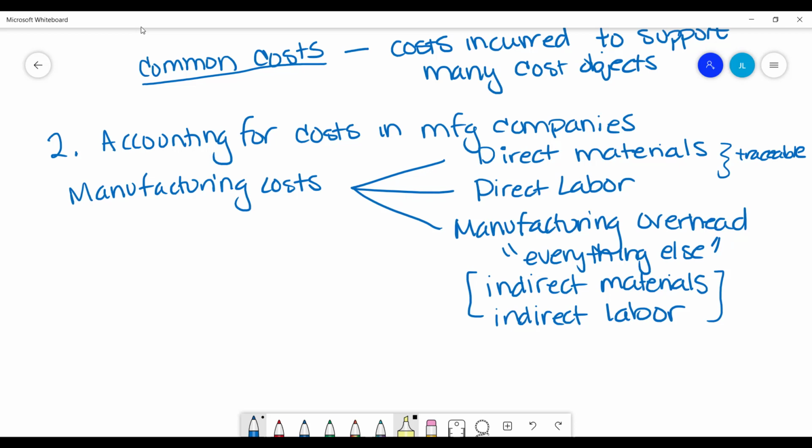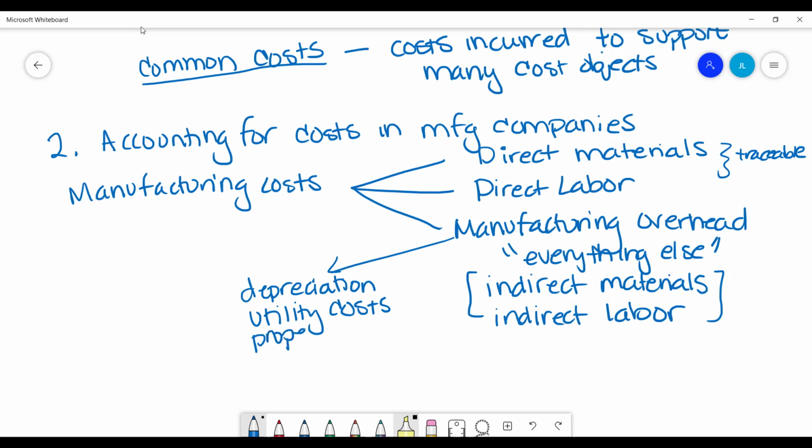Okay, so some other examples of manufacturing overhead would be depreciation on those machines and different items within the factory, depreciation on the actual building itself even. We talked about utility costs, right? The cost of heating and maintaining and lighting a plant like that.